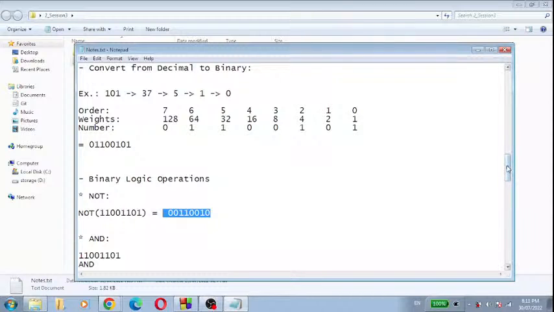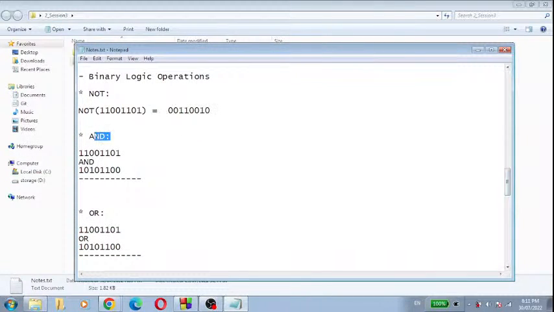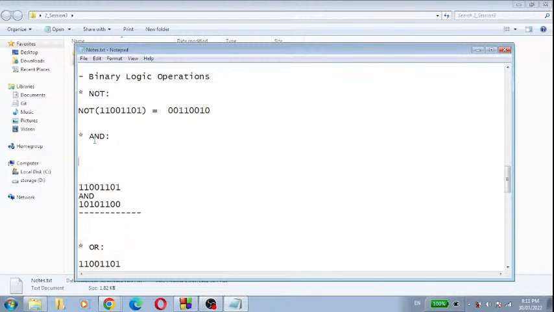The next operation is the AND operation actually. We have these numbers, and we are going to get the AND of these numbers. I would like to revise something, the truth table for AND.